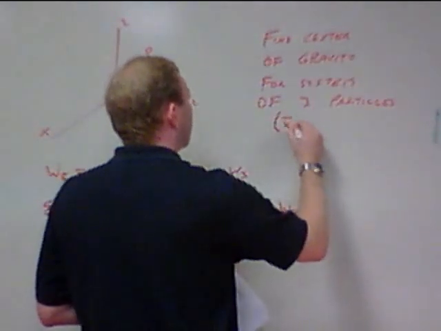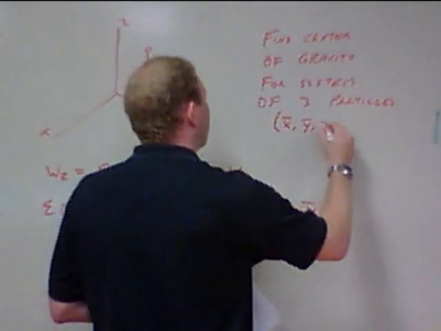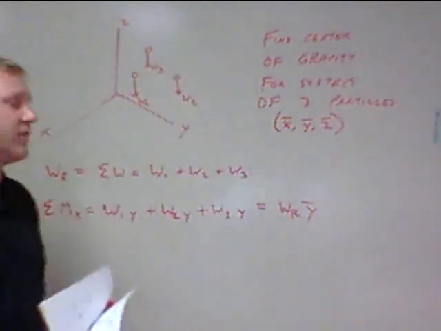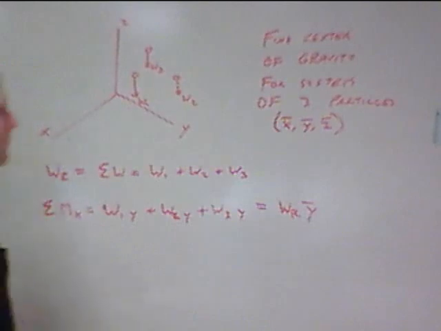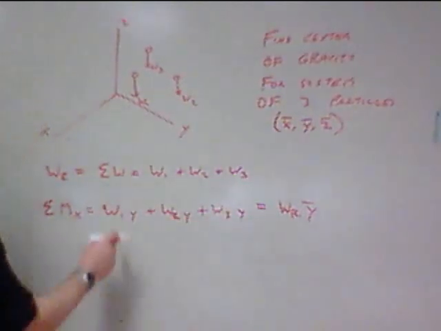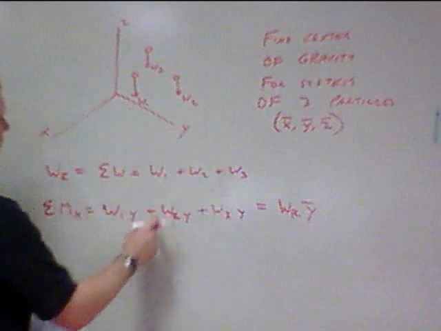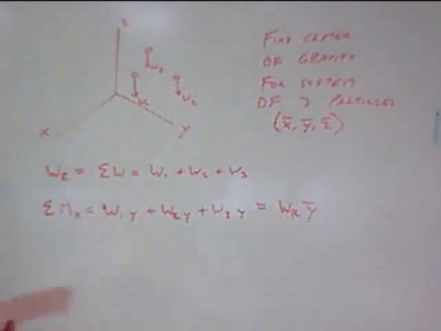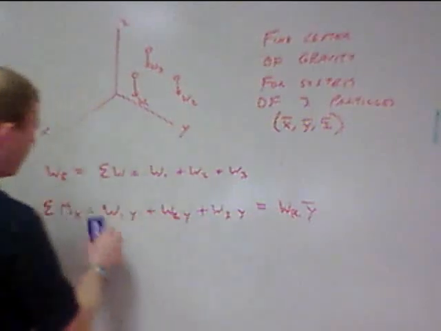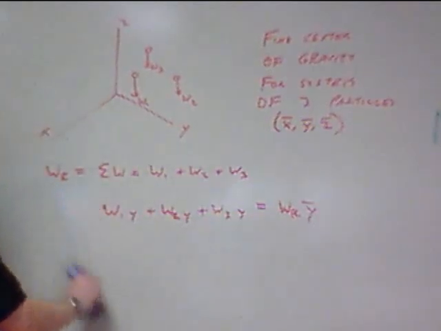This is going to be what's called x bar, y bar, z bar. Just for notation, x bar, y bar, and z bar are the center of gravity, center of mass for our system. So the total of the three individual moments about the x-axis has to equal the total moment of the resultant about the x-axis.